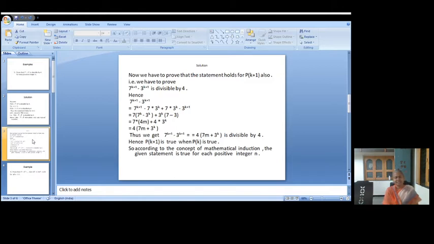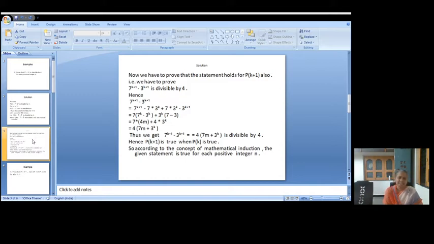And thus 7 raised to k plus 1 minus 3 raised to k plus 1 is nothing but 4 in bracket 7m plus 3 raised to k. Now this value is in the form of 4 multiplied by 7m plus 3 raised to k, means it is obviously divisible by 4.